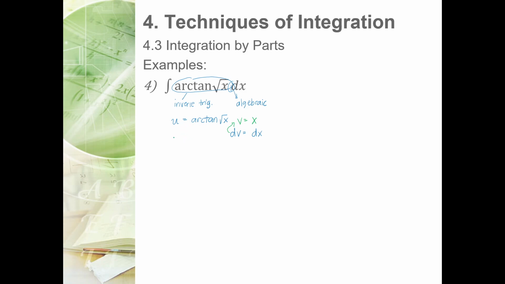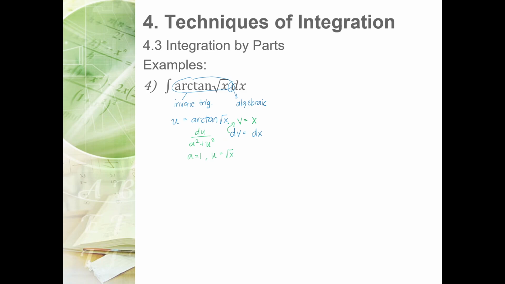So di ba yung format is du all over a squared plus u squared. Di ba? So our a is equal to 1, our u is equal to square root of x.